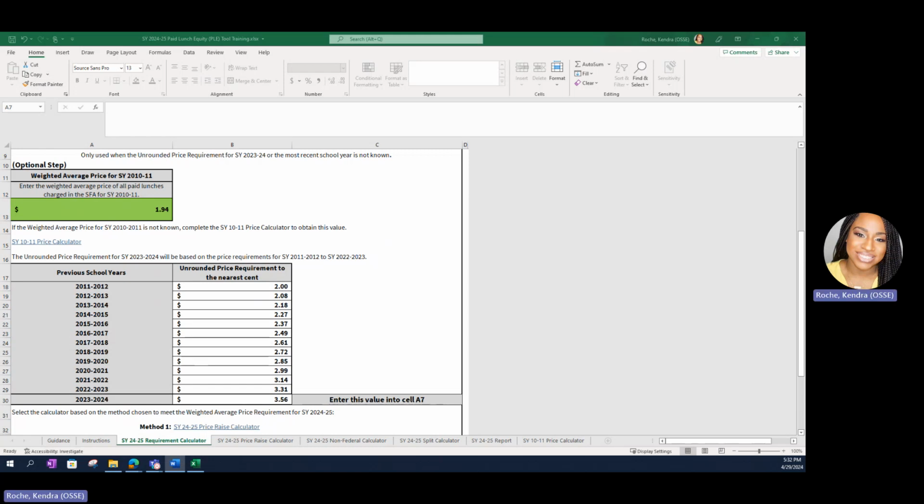The previous school year's unrounded price requirement to the nearest cent will automatically fill in. Take the unrounded price requirement to the nearest cent for the 2023-24 school year and enter it into the unrounded price requirement box for 2023-24.